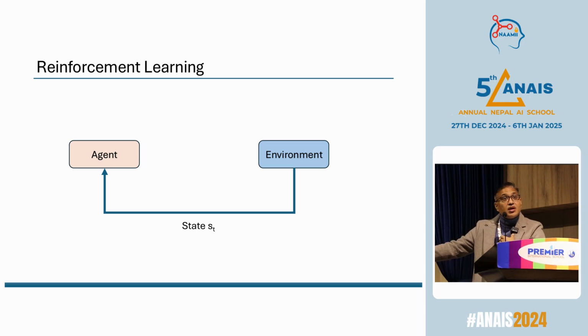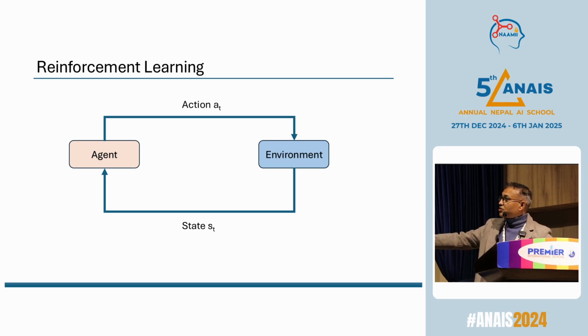So the agent receives the information about the status of the current situation from the environment. Once the agent receives the state, the agent then takes an action. It decides which action to take, and this action impacts the environment.